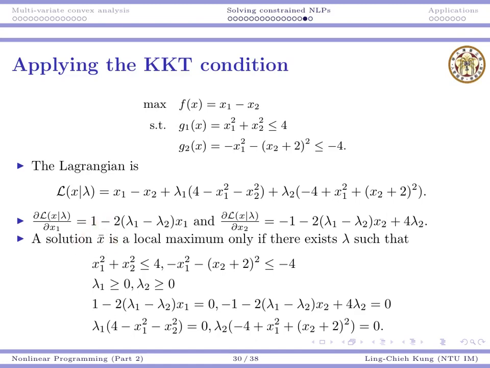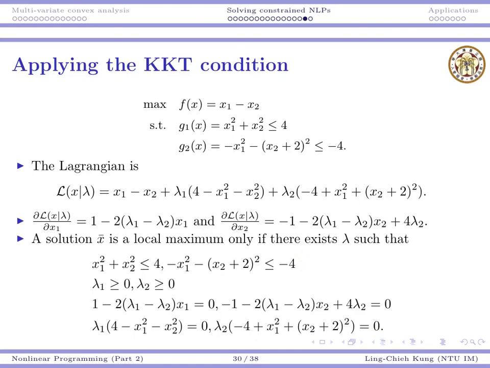A solution is a local max only if there exists lambda such that primal feasibility, dual feasibility, lambda must be non-negative, and I have these two equalities. The first order condition for the Lagrangian is satisfied. And finally, I need complementary slackness.